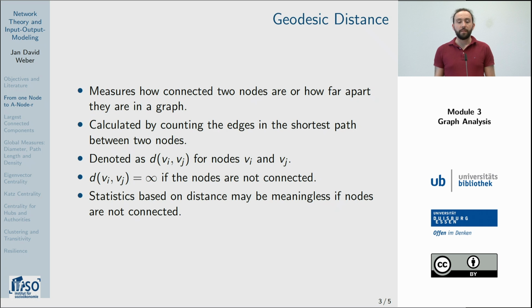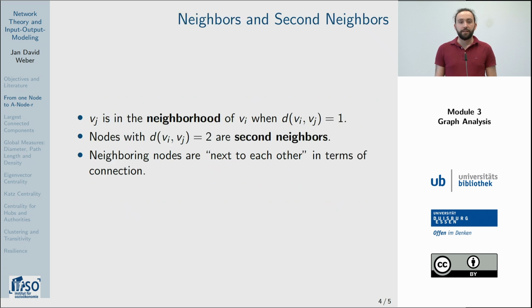Another concept that is quite straightforward here to introduce is the idea of neighbors and second neighbors. Well, if you think of it from a real life perspective, your neighbor is the person who lives directly next to you. Same in graphs. One node connected to exactly the other node without any nodes between are neighbors.